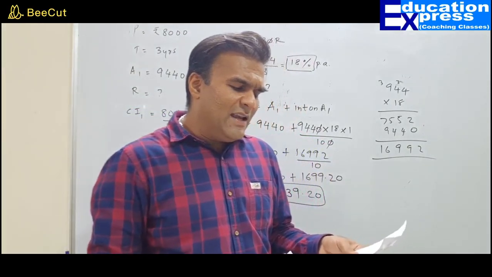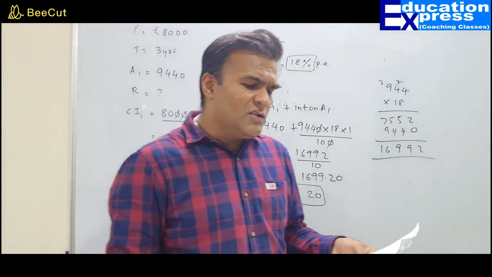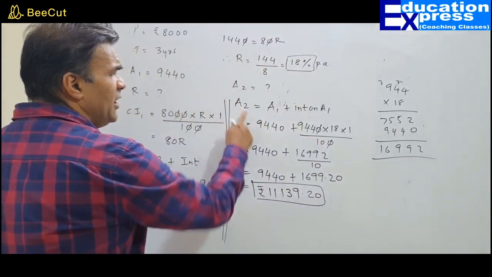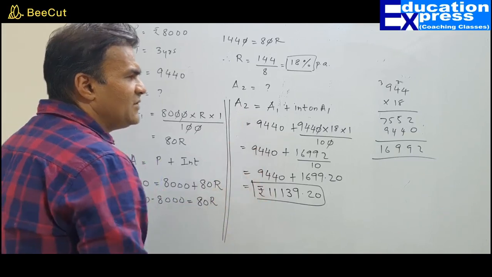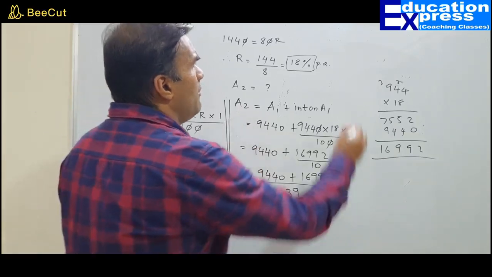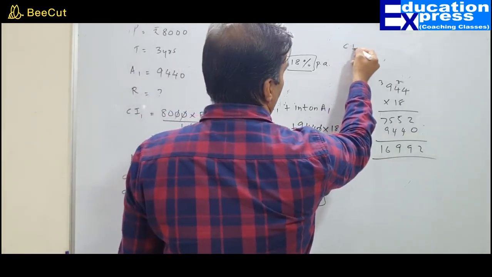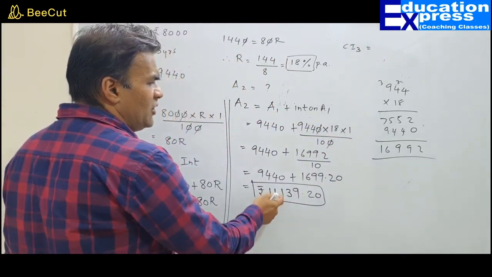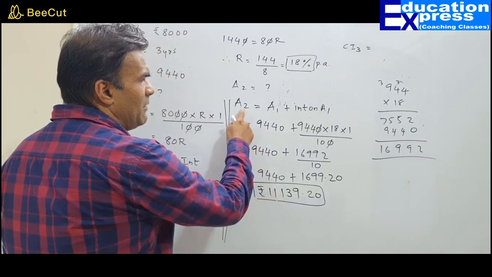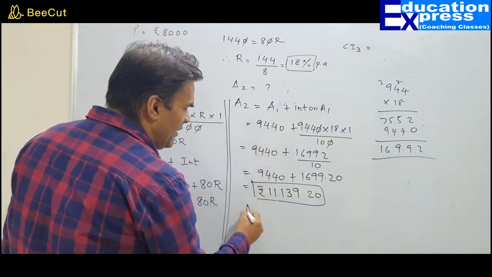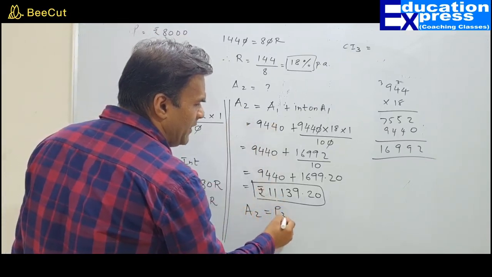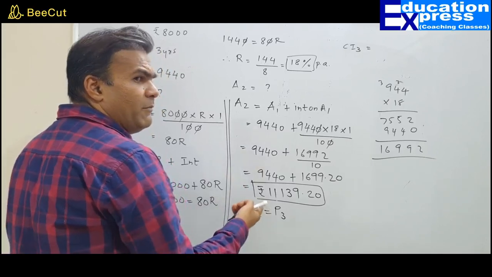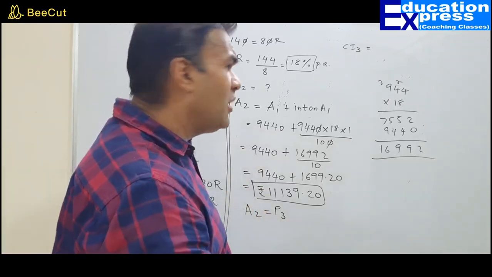The third part says, find the interest accrued in the third year. We certainly know the amount at the end of second year is this. So compound interest for the third year would certainly be interest on this amount only. Because the amount at the end of second year, A2, is nothing but P3. The amount at the end of second year will become the principal for year 3.